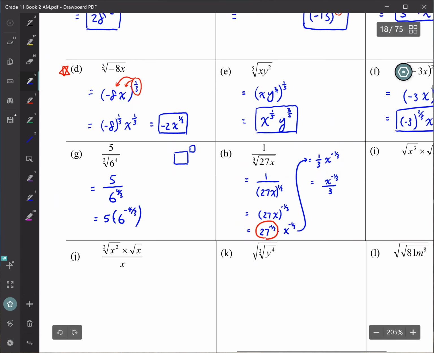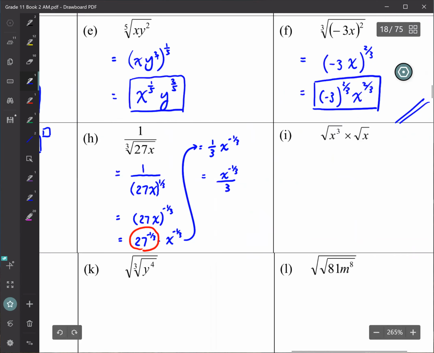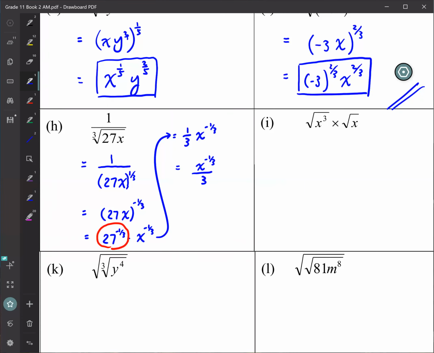Okay, question I. All right, so again, we'll start by changing them into exponent first. So Colin, how do you rewrite this into exponents? Is it like root of x to the power 4?